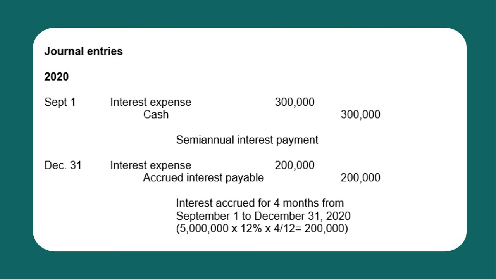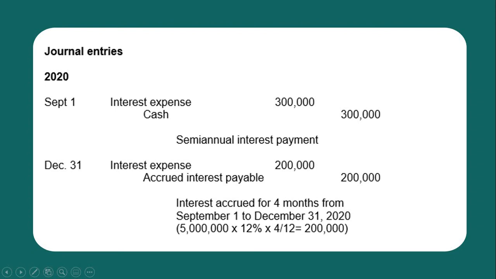So pila man ang na-accrue niya? So pila ka months? Okay, so from September, October, November, December. So there are 4 months that were accrued. So September to December, 4 months, is computed as 5 million times 12% times 4 over 12, that is 200,000.